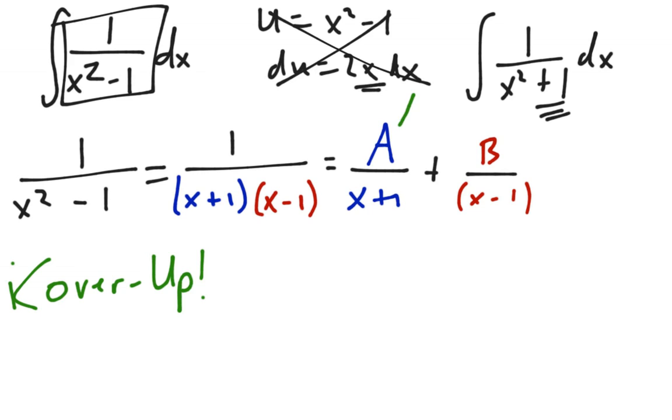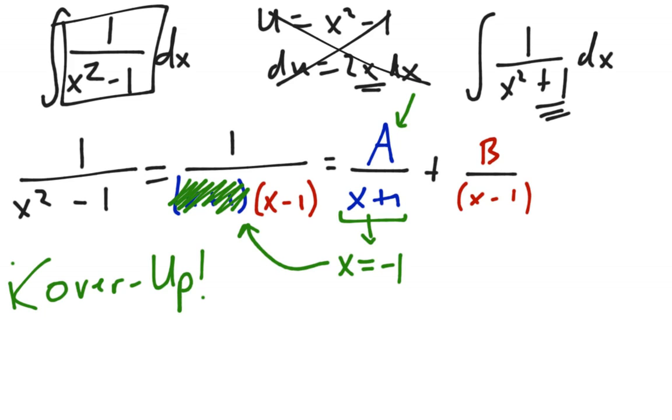Anyway, our first goal is to find a. To find a, we are going to cover up. The first thing we do is pick a value of x: whatever x value makes the denominator 0. In that case, that would be negative 1. Then we go over to the original fraction and cover up the bottom part of the fraction we were looking at.